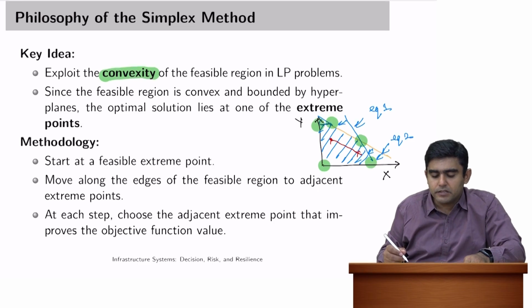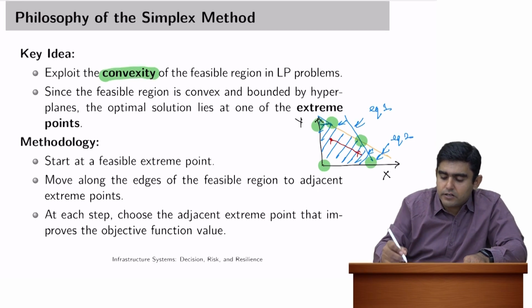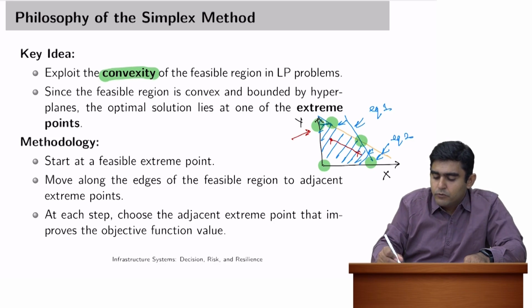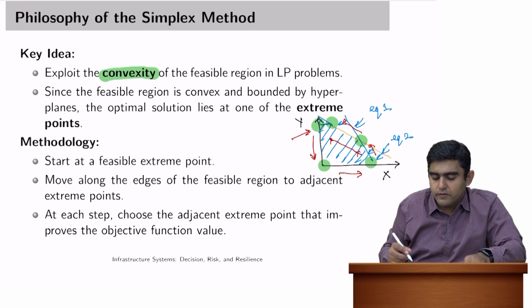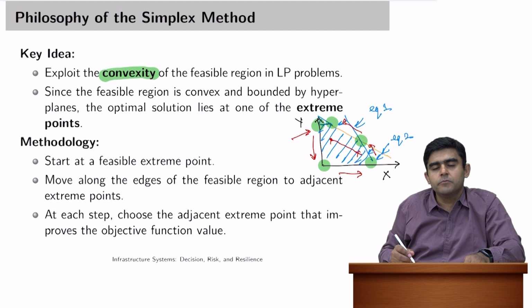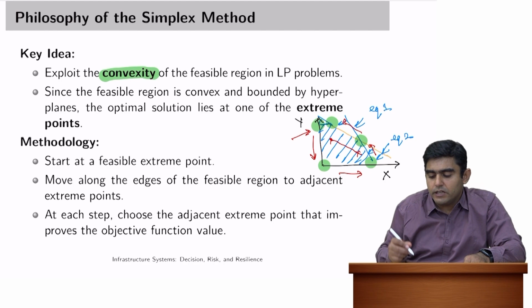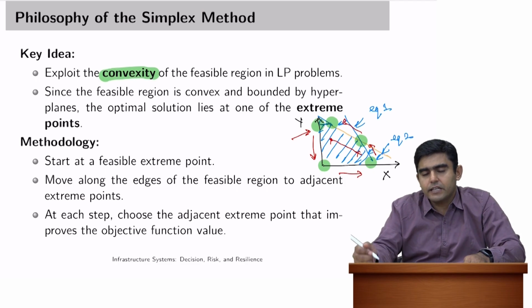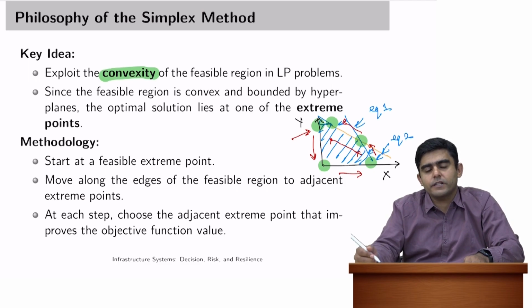And in simplex method, what we do is that we start from any of the feasible extreme point, and then we move along the edges like this, and so on, until we reach to our solution, which is the most optimal. Now, in case of two-dimensional setting like this, we would have finite number of extreme points.